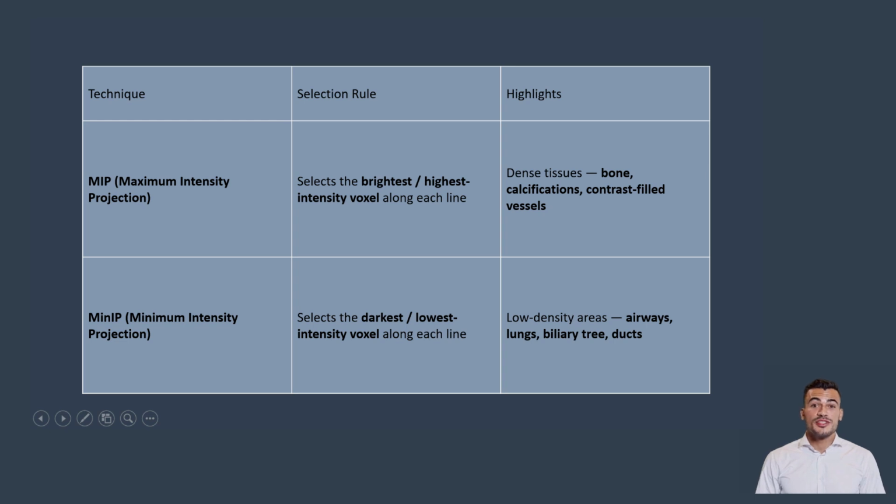MIP selects the brightest voxel along each line, highlighting dense tissues like bones and contrast-filled vessels. MinIP, on the other hand, chooses the darkest voxel, emphasizing low-density areas such as airways and lungs. These techniques allow for detailed visualization of specific structures within complex datasets.